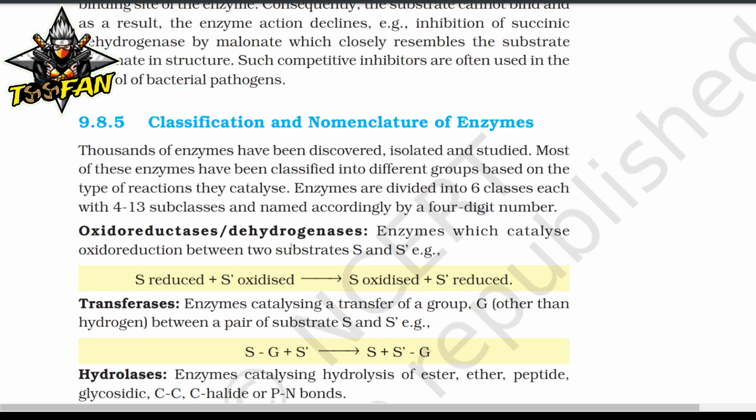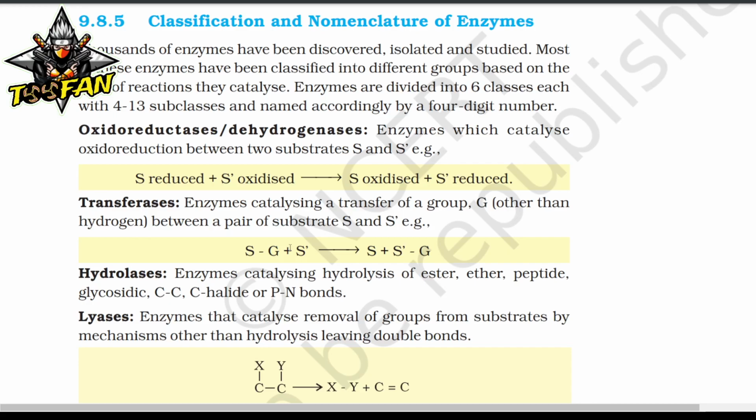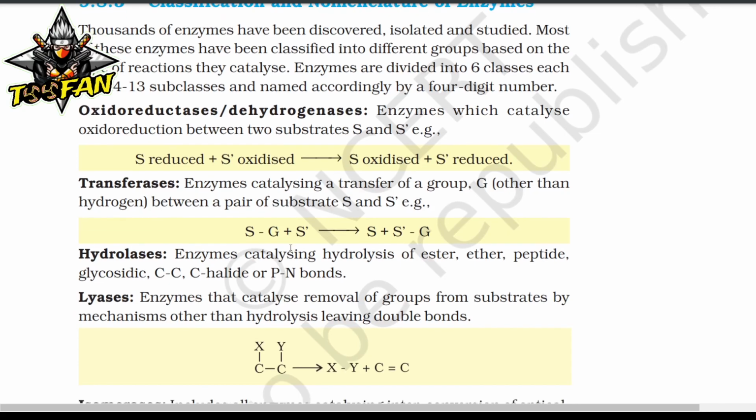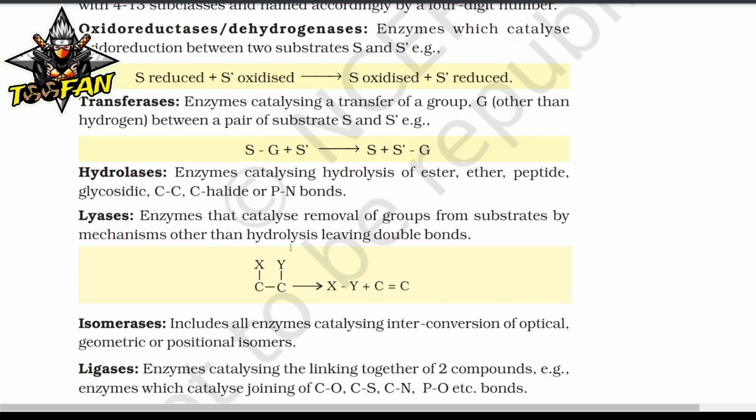Transferases: enzymes catalyzing a transfer of a group other than hydrogen between a pair of substrates, S and S'. Hydrolases: enzymes catalyzing hydrolysis of ester, ether, peptide, glycosidic, carbon-carbon, carbon-halide, or phosphorus-nitrogen bonds. Lyases: enzymes that catalyze removal of groups from substrates by mechanisms other than hydrolysis, leaving double bonds.